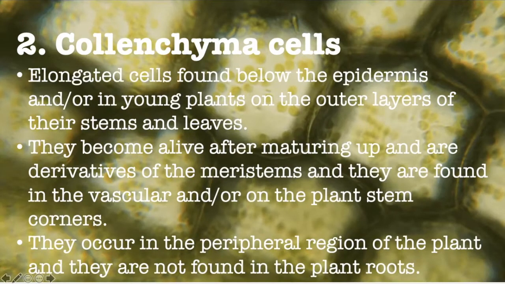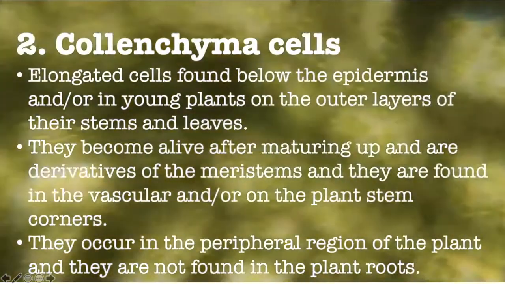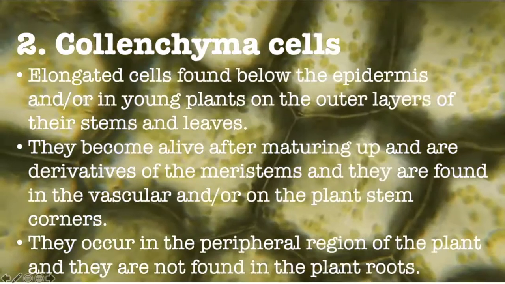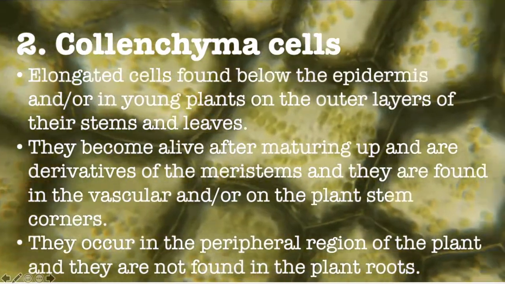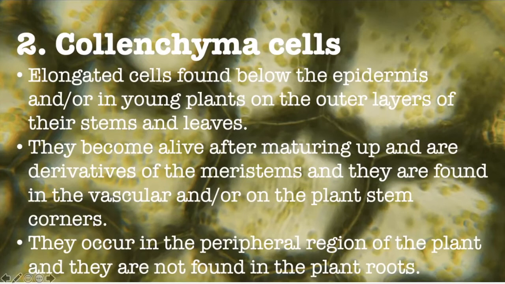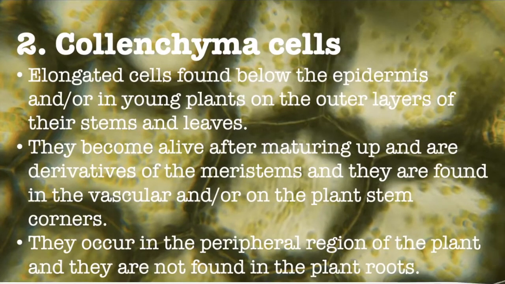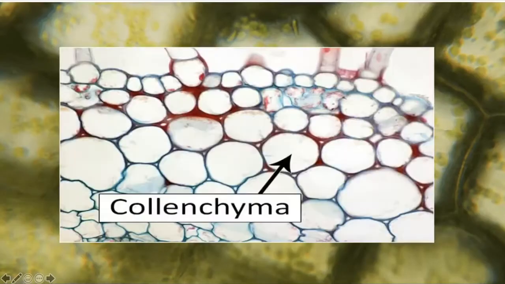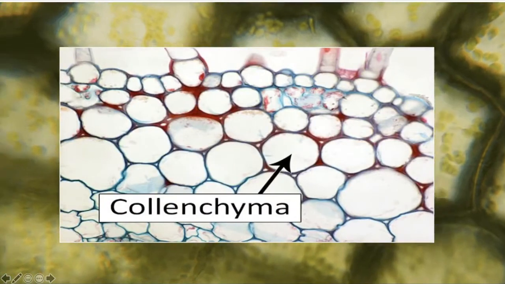They occur in the peripheral region of the plant, and they are found in the plant roots. In experimental observation they may appear red. So this is how a collenchyma looks like in a microscope.